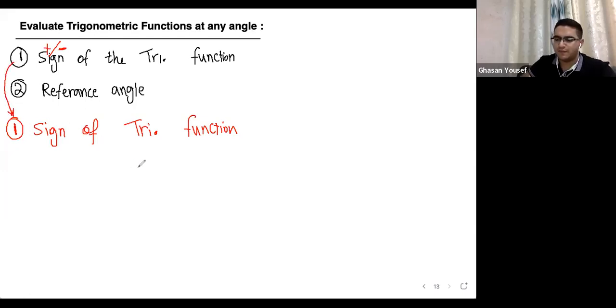What does that mean? We should know the trigonometric function has a sign. It depends on the location of the angle.